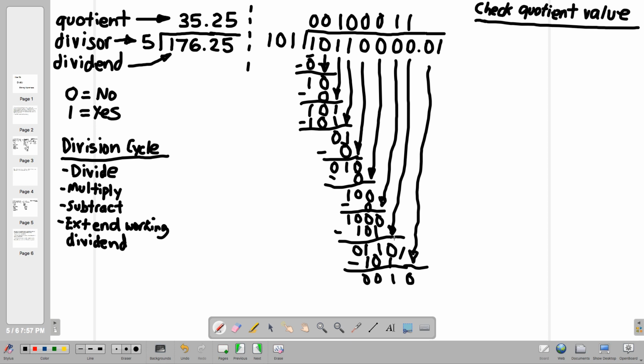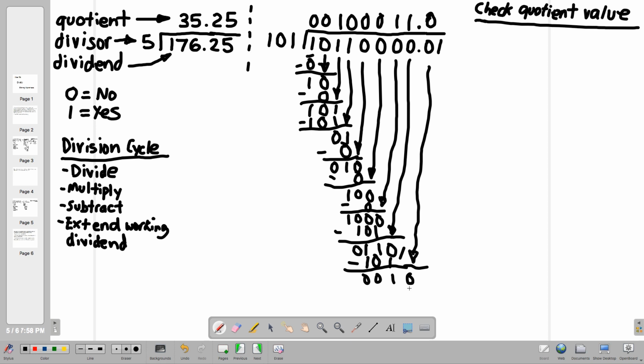The answer is no. So we put a 0 here. But also keep in mind, since we're dealing with a decimal point, let's go ahead and put that here in our quotient. We want to keep track that we're dealing with 2 decimals behind the decimal point. All right, so we have the value 1 0. So that 1 0 is the value 2.